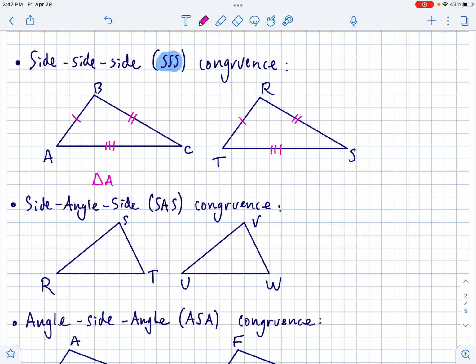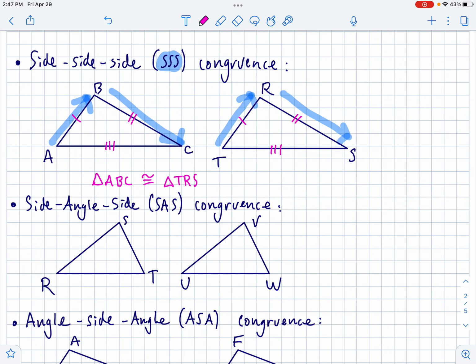So here we would say triangle ABC is congruent to, now remember the path thing, that if you go A to B to C, then that's going to be T to R to S. Not RST, but triangle TRS. So that's the SSS, side, side, side.